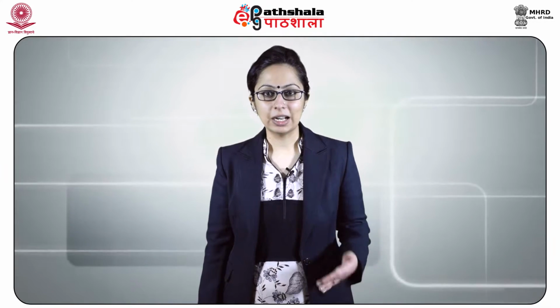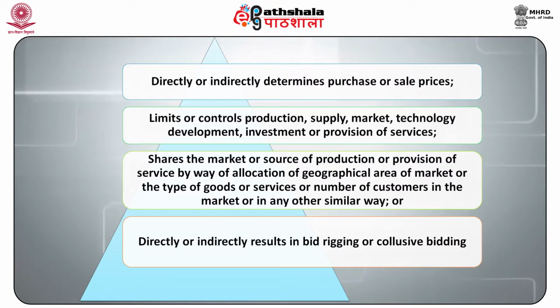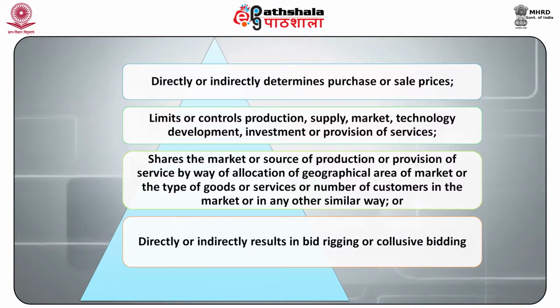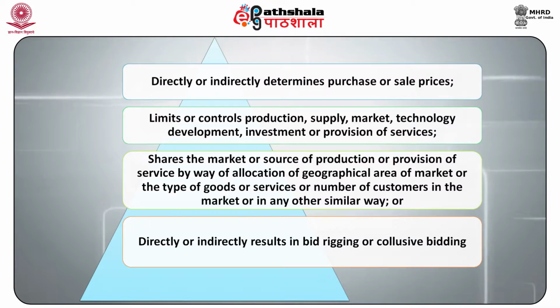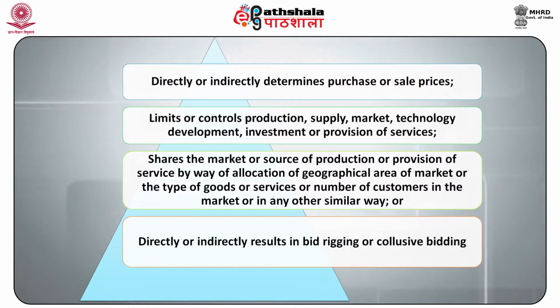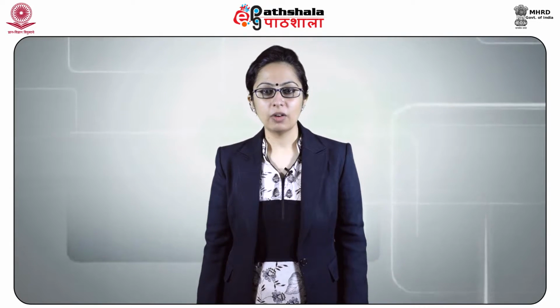These are the agreements or certain practices carried on or decisions taken, including cartels, engaged in identical or similar trade of goods or services which: a. directly or indirectly determine purchase or sale prices; b. limit or control production, supply, market, technological development, investment or provision of services; c. share the market or source of production or provision of service by way of allocation of geographical area of market or the type of goods or services or number of customers in the market or in any other similar way; or d. directly or indirectly result in bid rigging or collusive bidding, shall be deemed to have an appreciable adverse effect on competition.